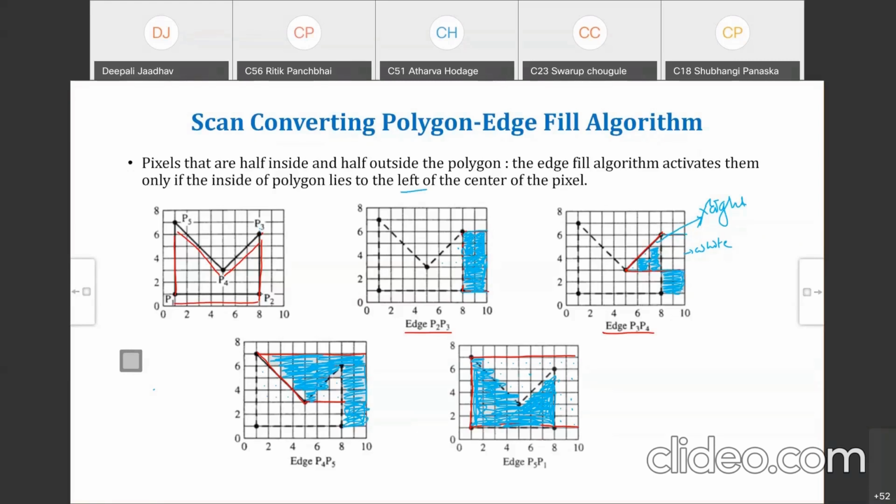So this remains as it is, these blue become white and these white become blue. After that, the next line, we complement all the pixels on the right hand side. So these 6 white pixels now become blue. Along with that, this entire line becomes blue and all these pixels become blue.